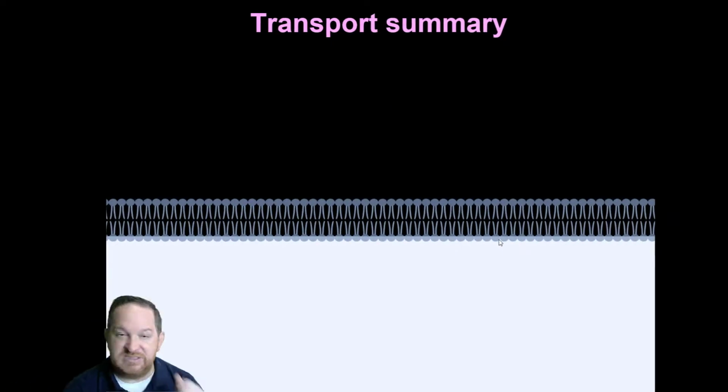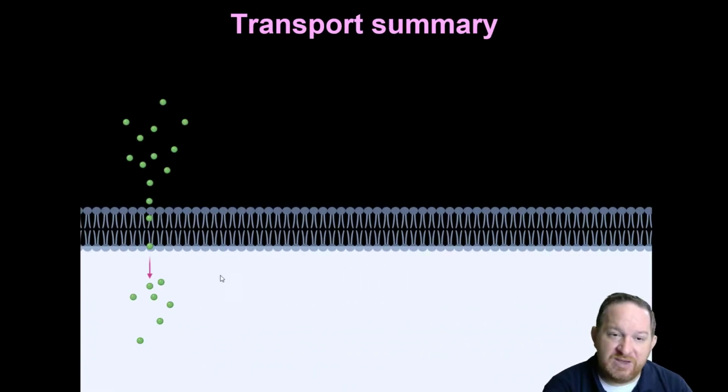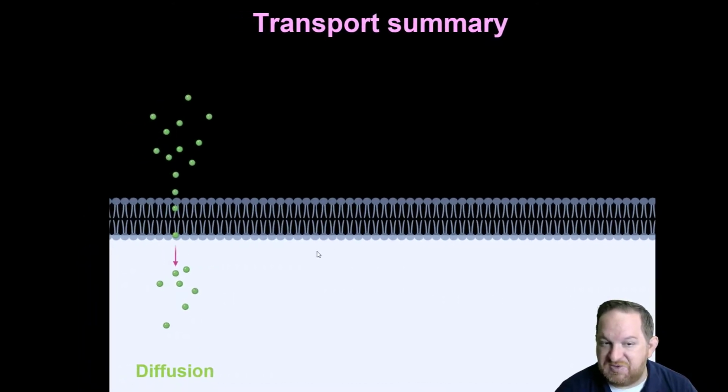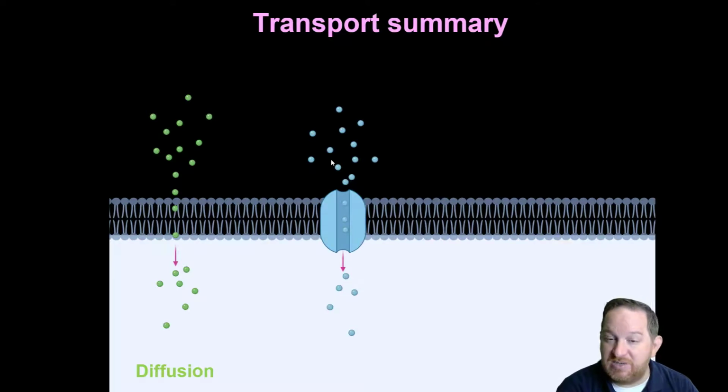So let's do a little summary here. When things move easily across the membrane from a high concentration to a low concentration, we just call that simple diffusion. Okay, simple diffusion. High concentration of molecules to a lower concentration, they're going to move right across, assuming they can get across the membrane. Well, what if they can't get across? Maybe it's a charged particle, or maybe it's a larger molecule.